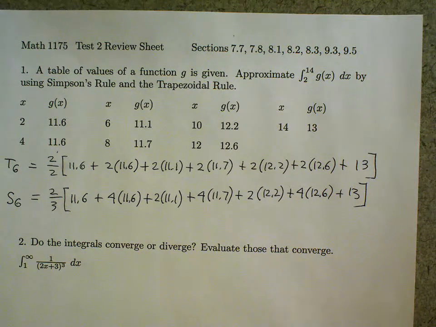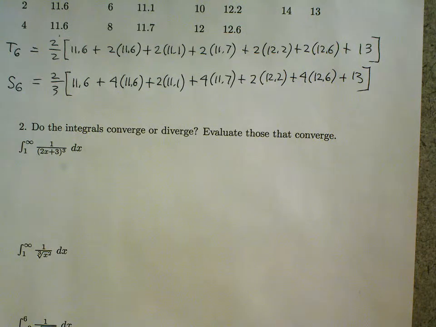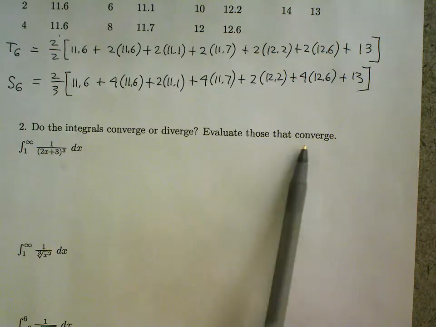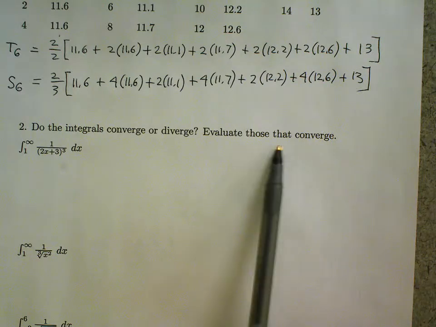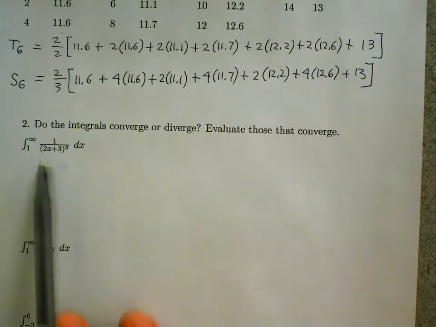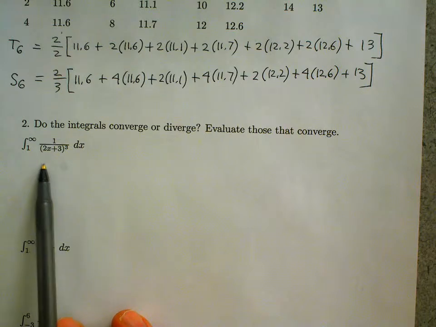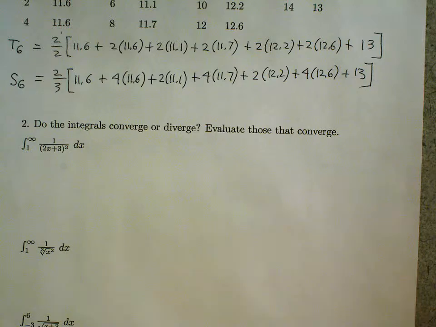Okay, moving on to part 2. Do the integrals converge or diverge? And if they converge, evaluate them, determine what they converge to. For this one we have an improper integral from 1 to infinity. The integrand is 1 over (2x plus 3) to the third.